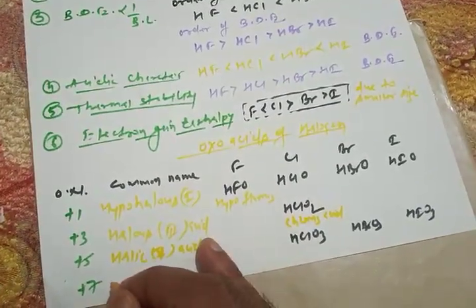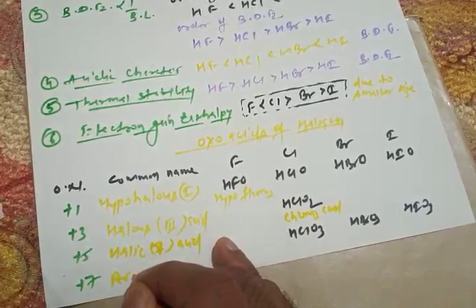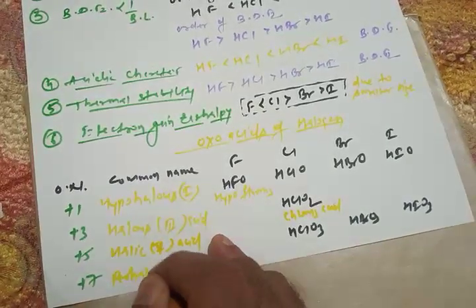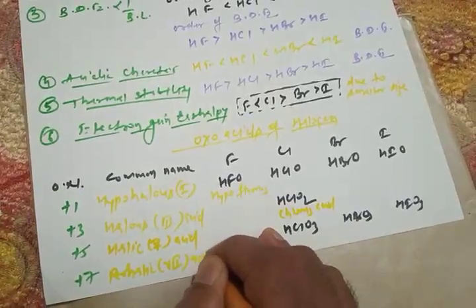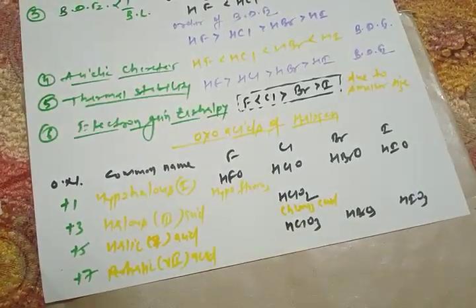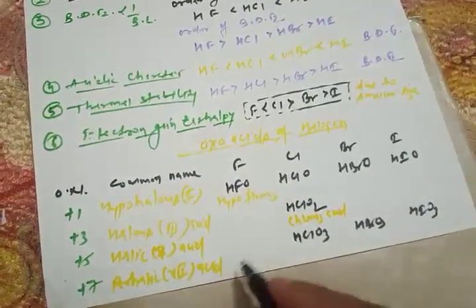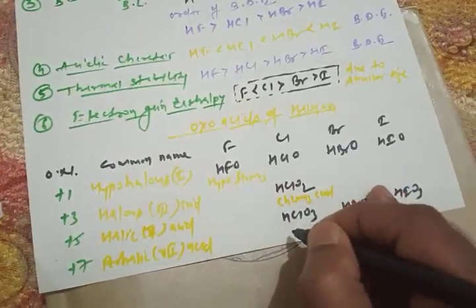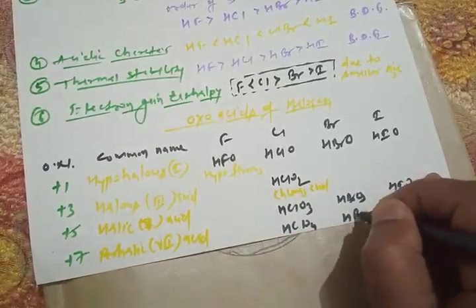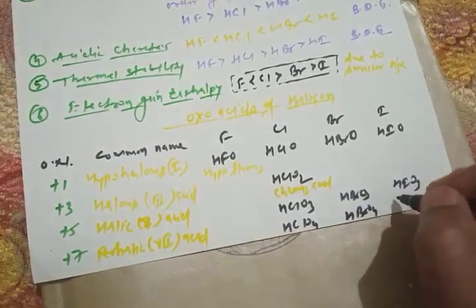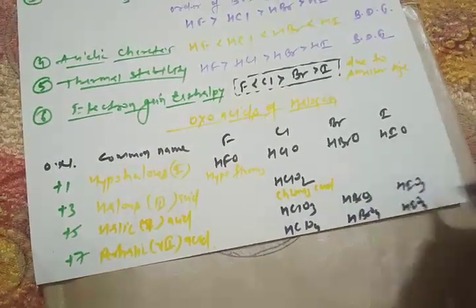And the last one is called perhalic, and the oxidation number is +7, perhalic acid. Again, no example in the case of fluorine, but we have HClO4 in this case, HBrO4 in this case, and HIO4 in this case.